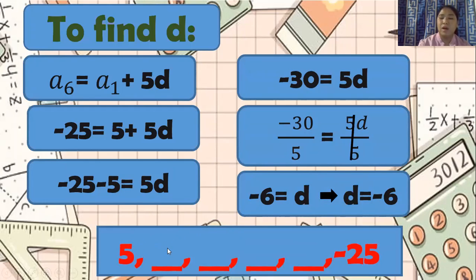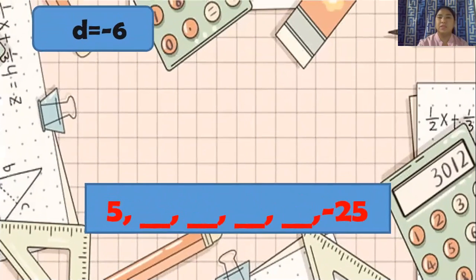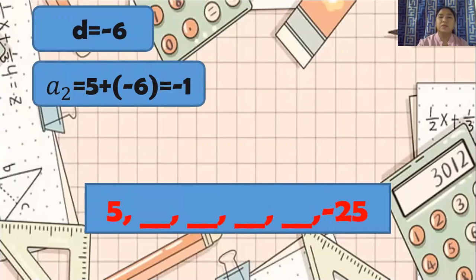So how will it be? D is negative 6. Therefore, to find for a sub 2, we're going to have 5, which is a sub 1, plus negative 6, which is our difference, that will become negative 1. Therefore, we have negative 1 as our second term.